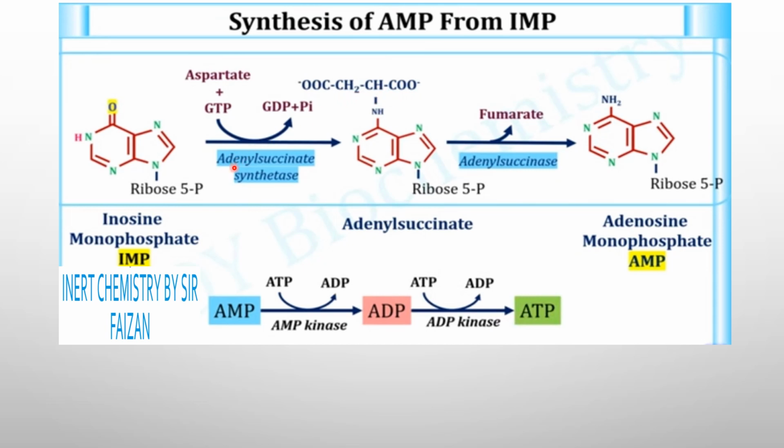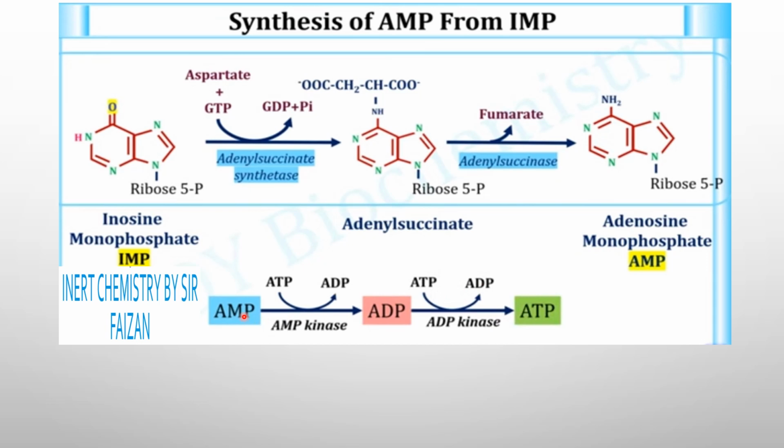The reaction is catalyzed by the enzyme adenylosuccinate synthetase. This adenylosuccinate is an intermediate, and after that a fumarate molecule is released from this by the help of the enzyme adenylosuccinase, and at the end adenosine monophosphate is formed.